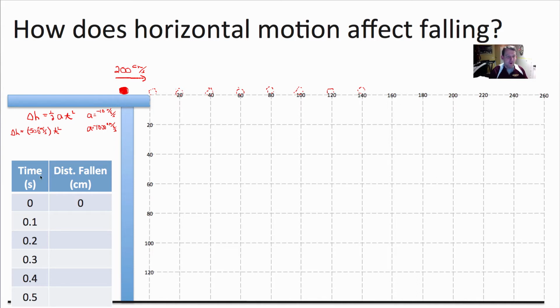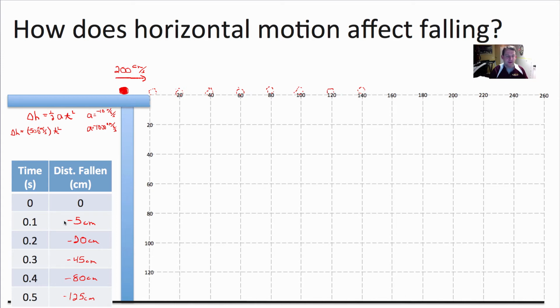When we plug in 0.1 into this equation, the answer we end up with is -5 centimeters. And we put in 0.2, we get -20 centimeters. Then we get -45 centimeters. Then we get -80 centimeters. And finally, if you plug in 0.5, square it, multiply it by this, you get -125 centimeters. Of course, all those negative changes in height mean that we're losing height, that we're falling.